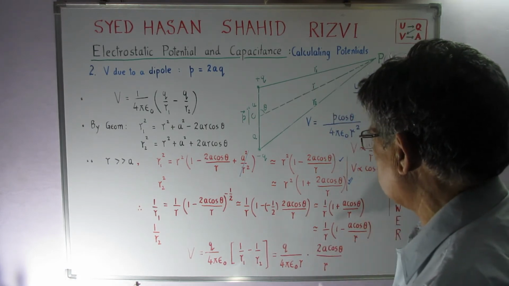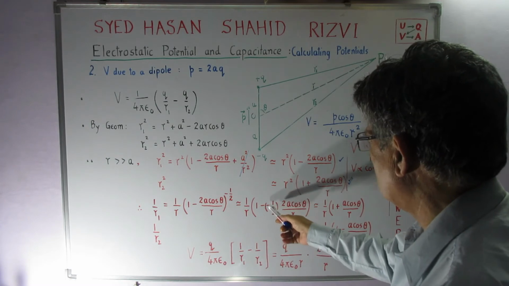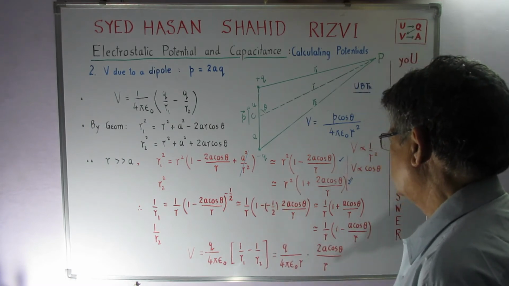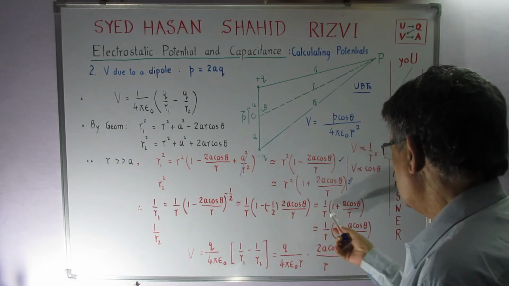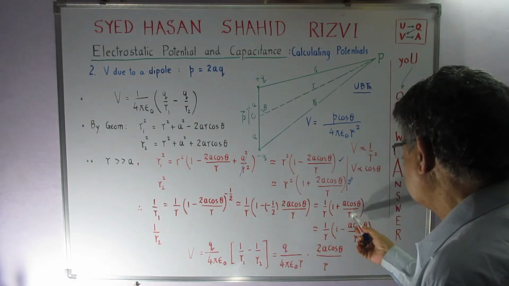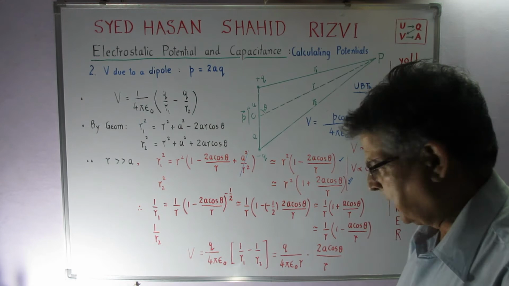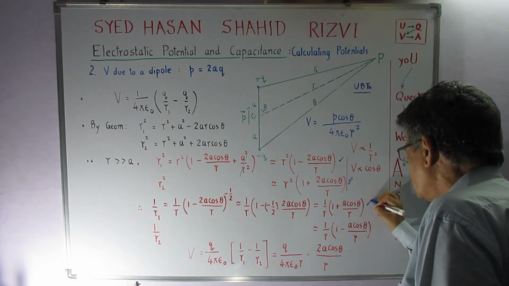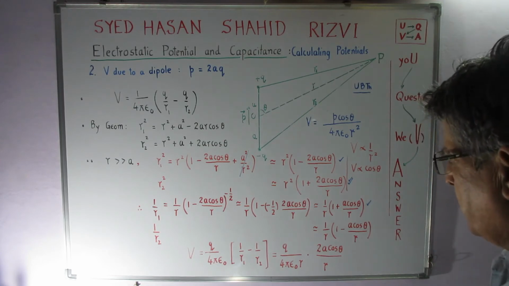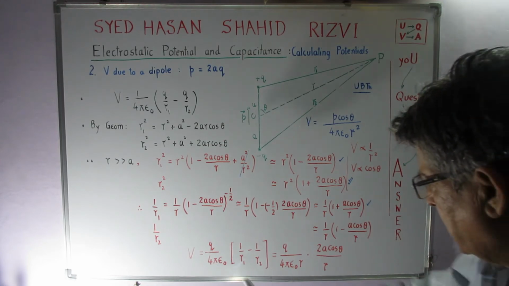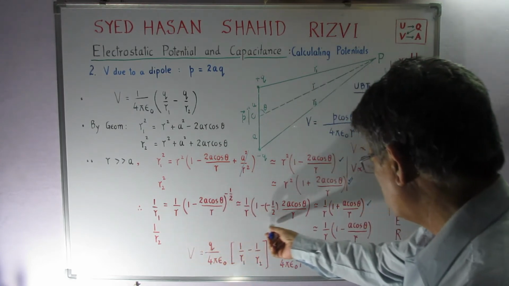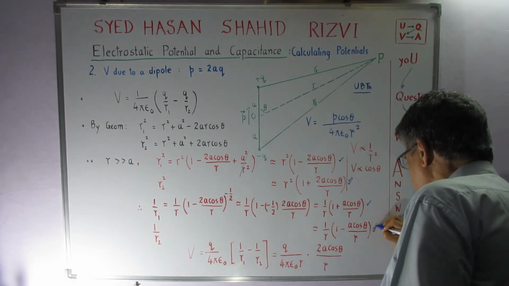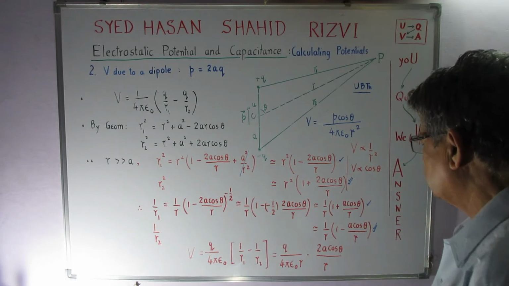The 2 will cancel with 2, minus into minus becomes plus, and I am left with 1 upon r into 1 plus a cos theta upon r. It's very easily obtained. Similarly for 1 upon r2, going through these steps, I will get minus a cos theta.